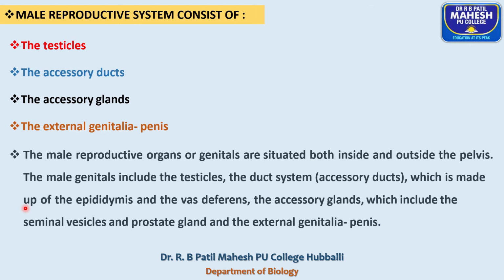The male reproductive system includes a pair of testes and the duct system. Within the testes the formation of male gametes takes place, and these male gametes are conveyed to the region of ejaculation through the duct system.